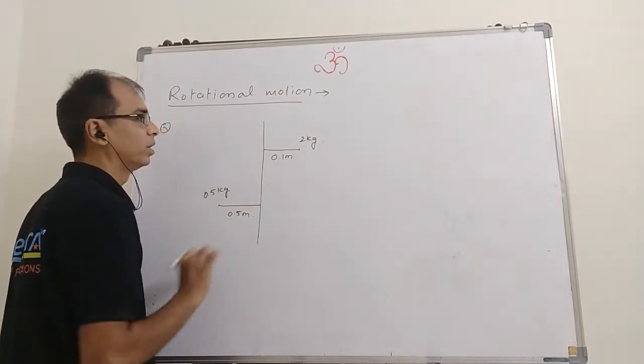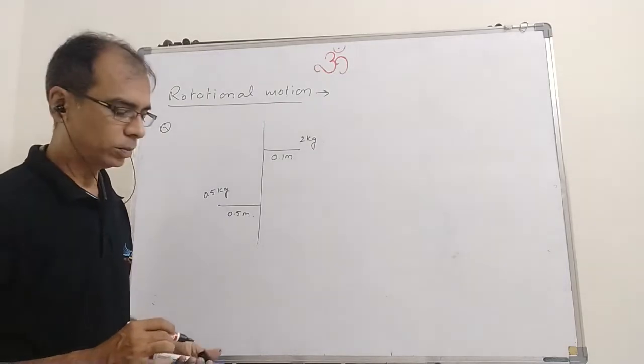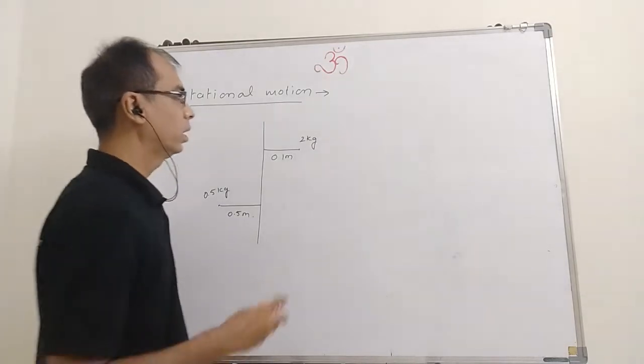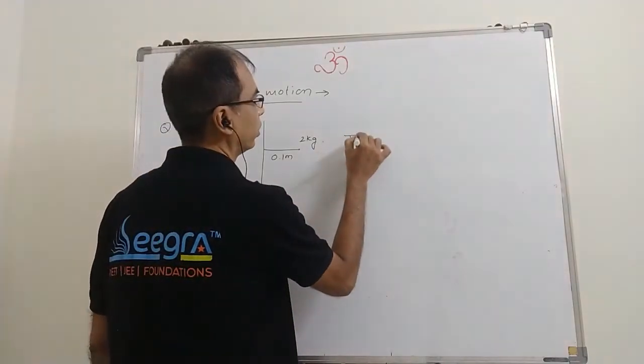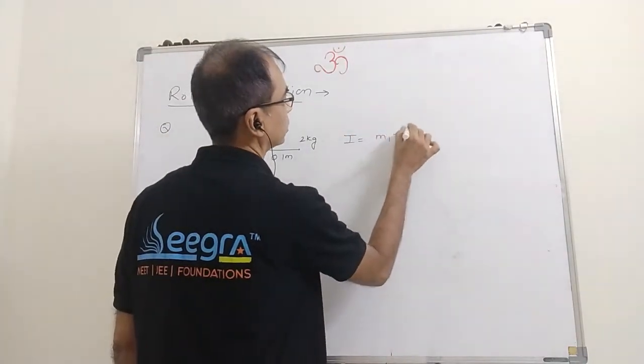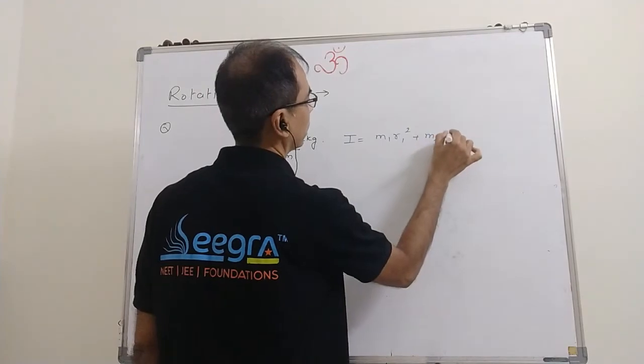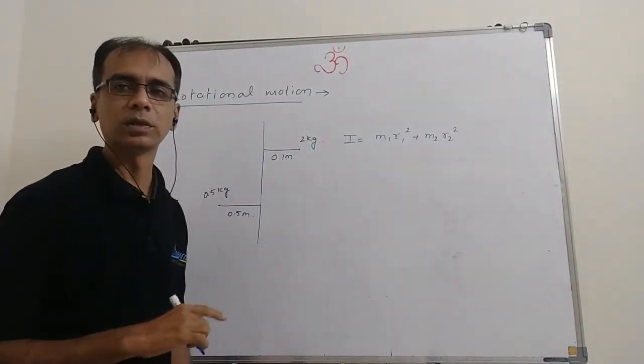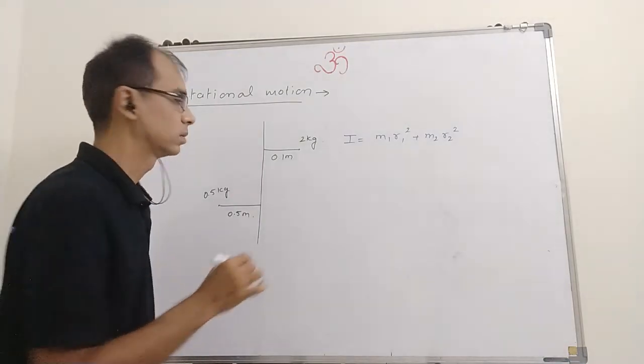And I want to find the total moment of inertia of this system. So I we have to find, and I is what? Formula says m1 r1 square plus m2 r2 square. Now, is this r always perpendicular to the axis of rotation? Answer is yes.